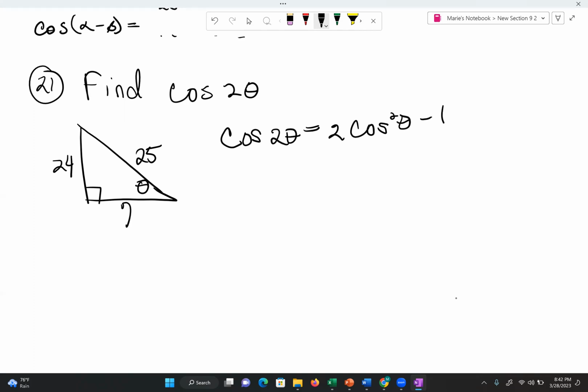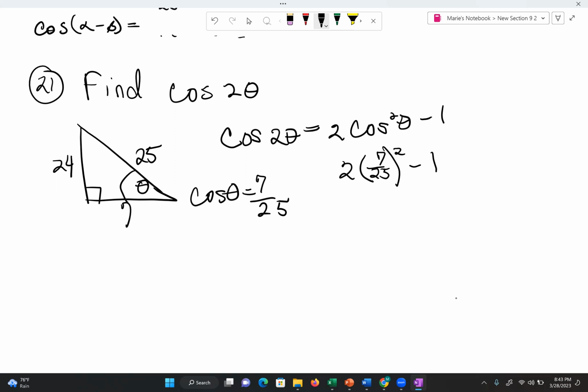And so in this case, the cosine of theta is 7 over 25. So cosine just theta is equal to 7 over 25. And if I apply this particular formula, this will be 2 parentheses 7 over 25 squared minus 1.